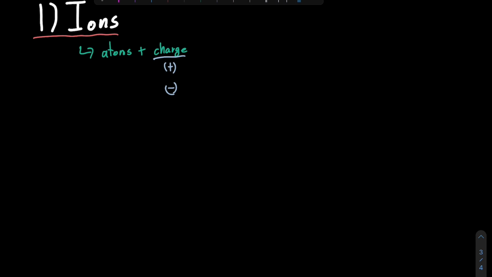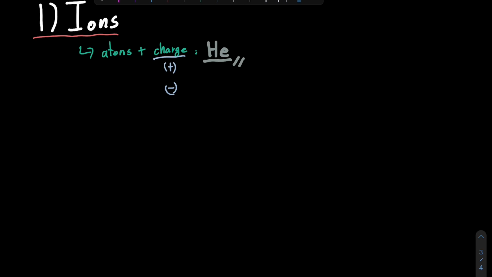So, for example, if we have an atom of helium, and if the helium has a negative charge, this would be an ion because it has a charge. On the other hand, if it didn't have a charge and if it was just helium, this would be considered as a neutral atom. So basically, ions are atoms with a charge.